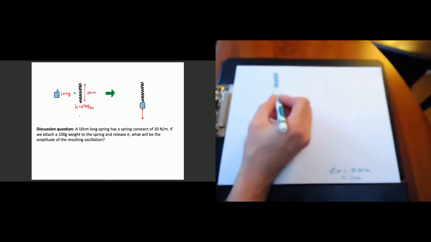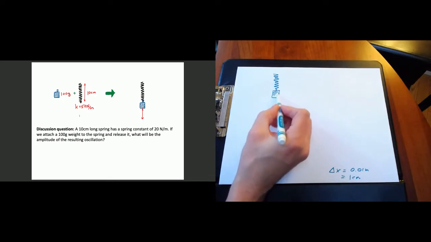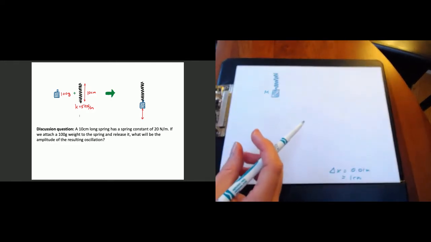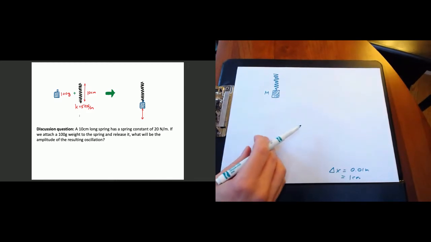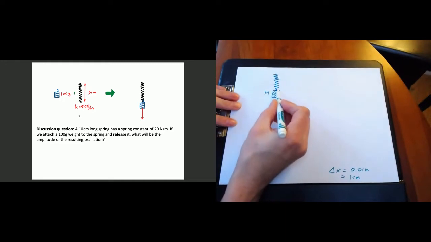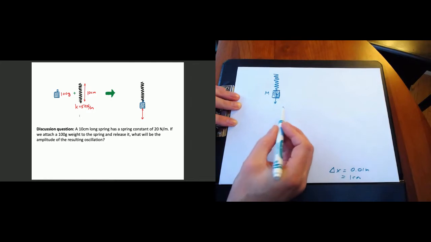So we have this unstretched spring, and then we add the mass. And so what we want to do is think about what the resulting oscillation looks like. Adding the mass means that we're going to now have a net downward force.